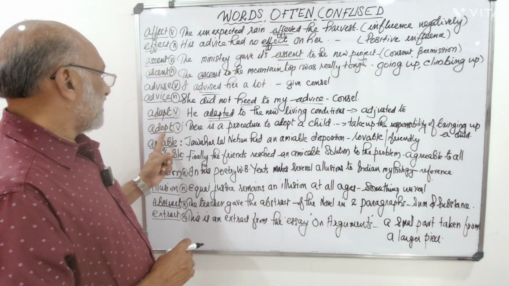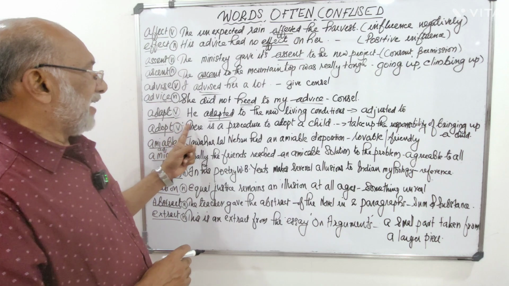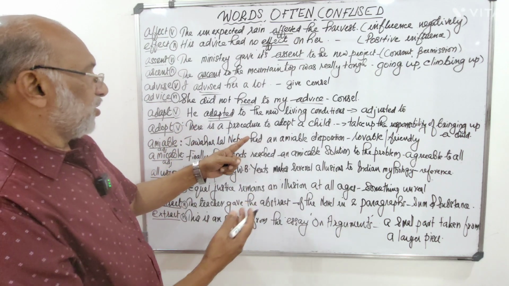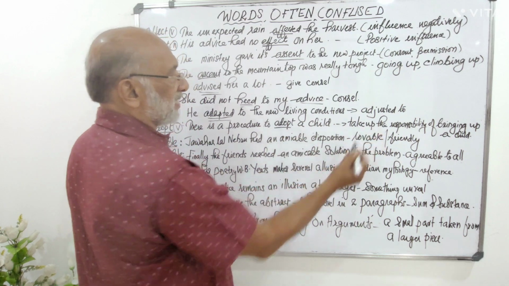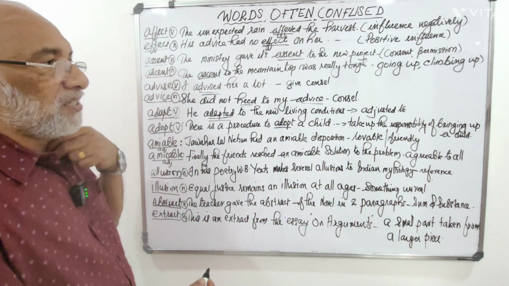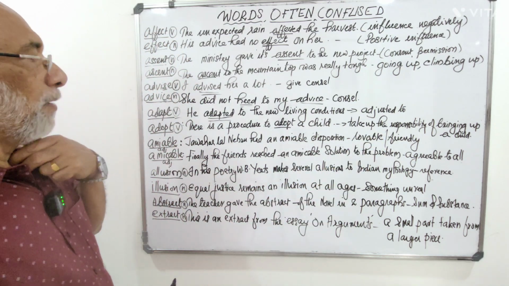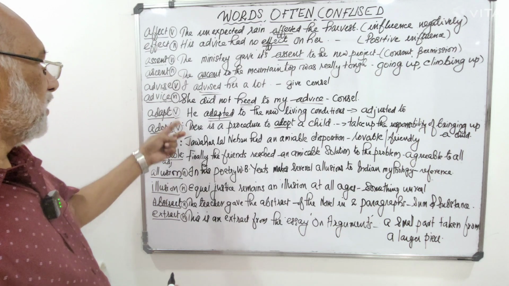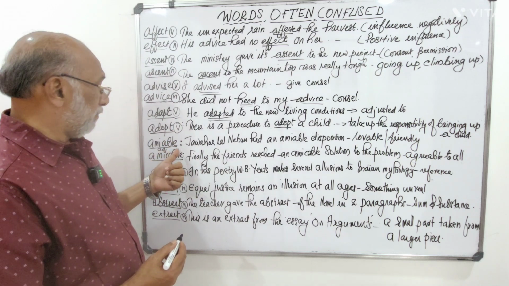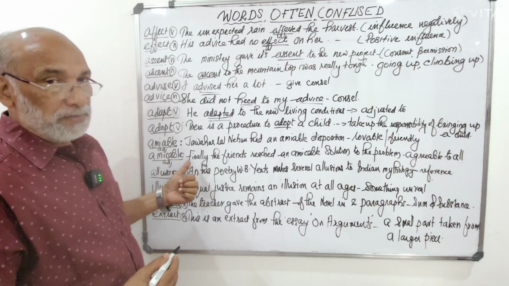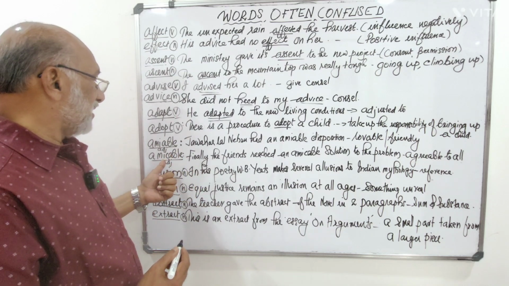So adapt and adopt. Adapt means adjust to, then adopt means, as I said, take up the responsibility of bringing up a child. Both are verbs. Next pair is amiable and amicable.